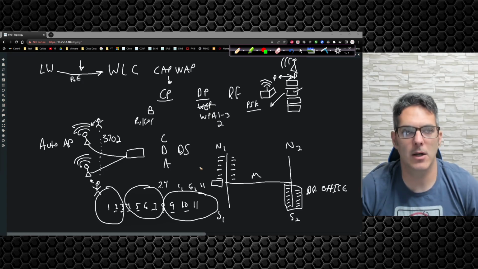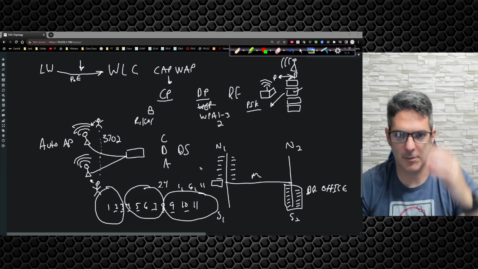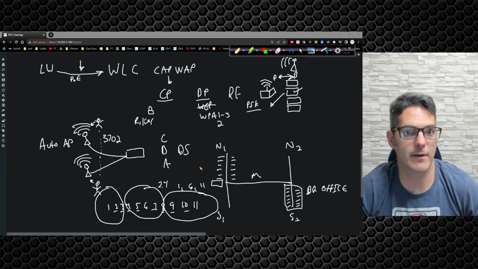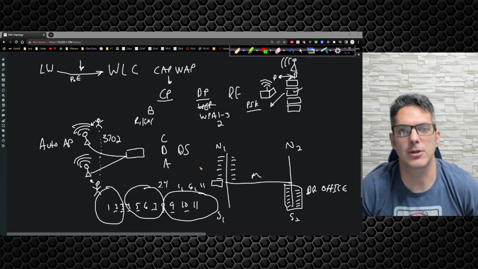Where is there RF interference? Where are very thick concrete walls? Where are there microwaves? Where are there other competing wireless signals that I might not be aware of? Like, where's a microwave oven? There's a number of different things that you could potentially run into with RF interference.